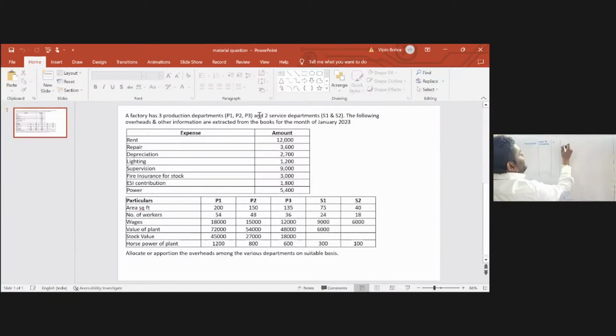Thereafter, the overheads that are distributed to the production departments, that is P1, P2, P3 and S1 and S2. Giving you 10 minutes time, guys. So I request you guys to please solve this question.